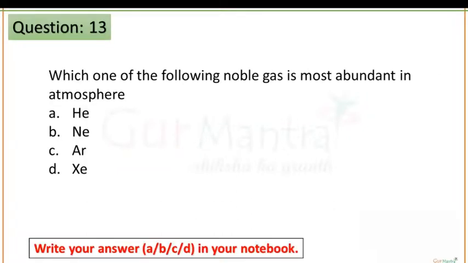Next question. Which one of the following noble gases is most abundant in atmosphere? Options are helium, neon, argon or xenon. Please do it quickly. This is a very important and very easy question.